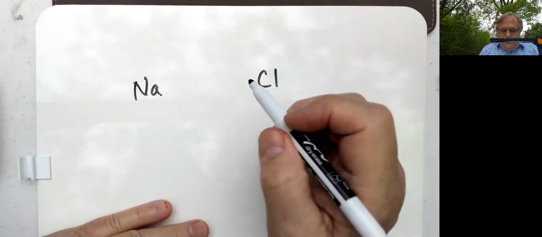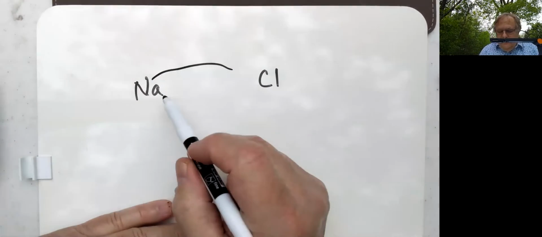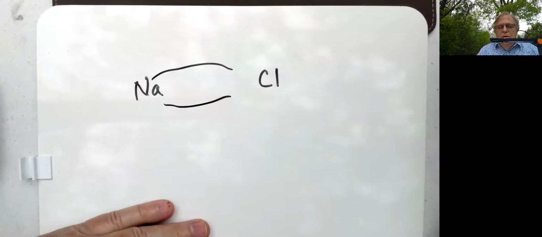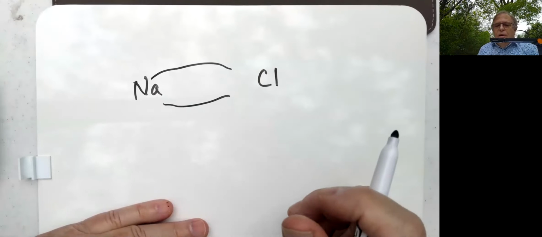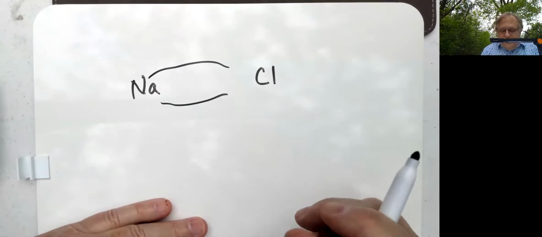So when we put them together, these two very dangerous things, sodium could actually be used as an explosive. It's that dangerous, similar to maybe a hand grenade if you get enough of it.